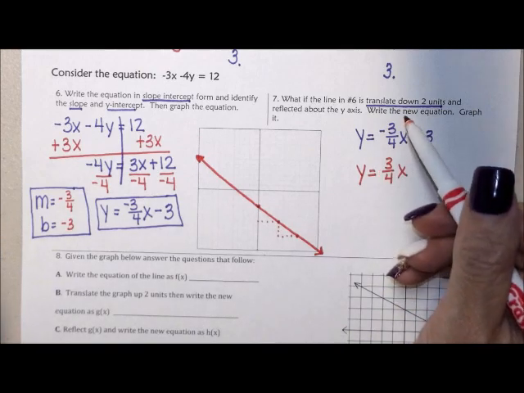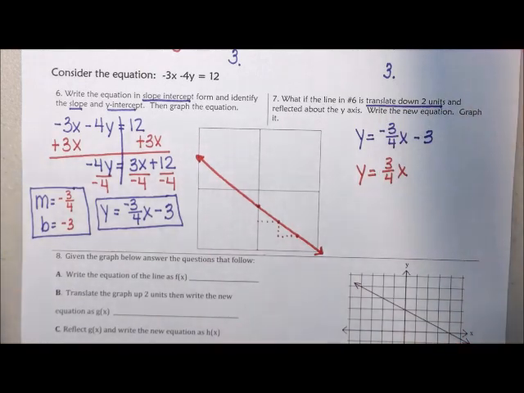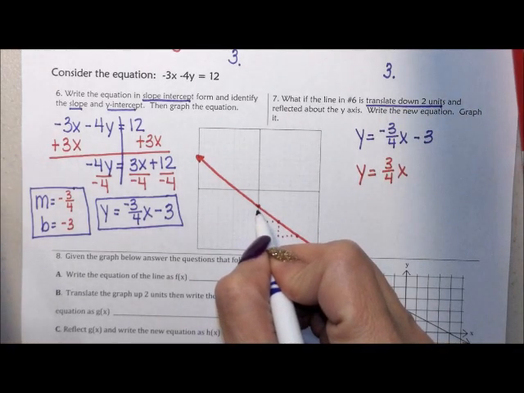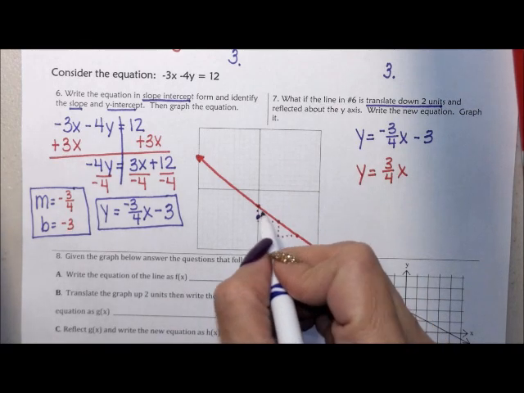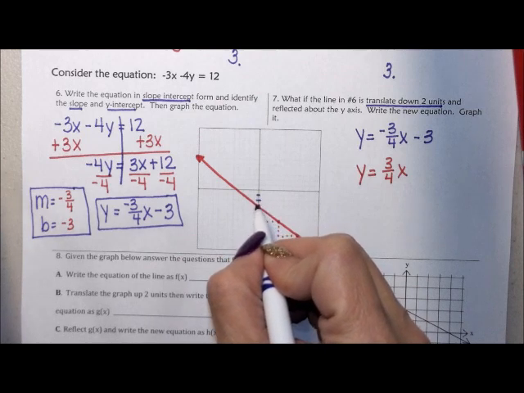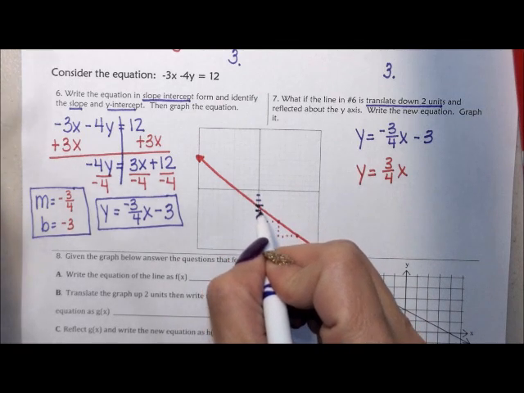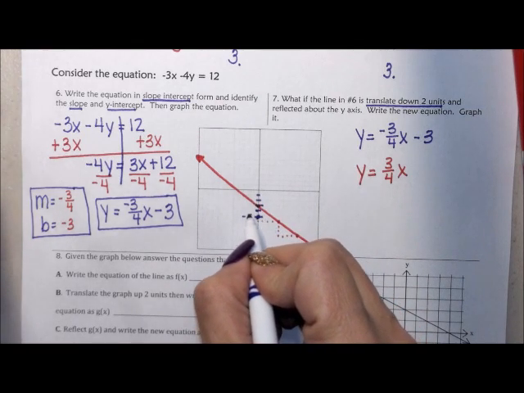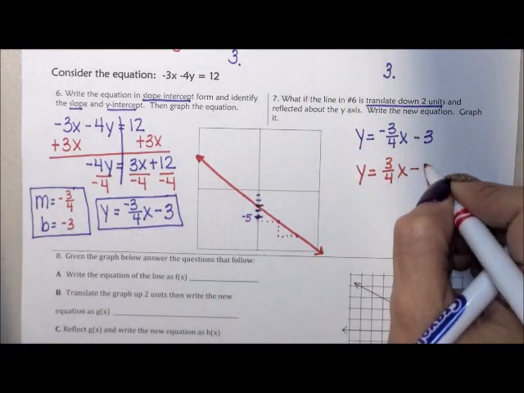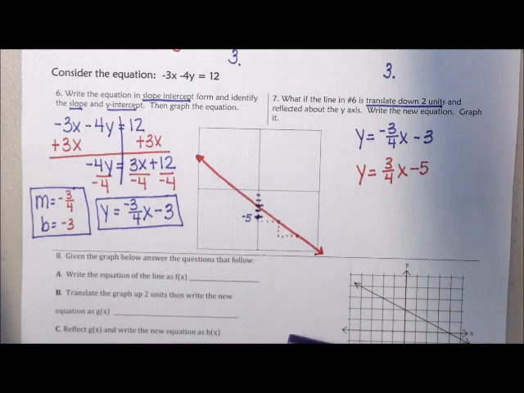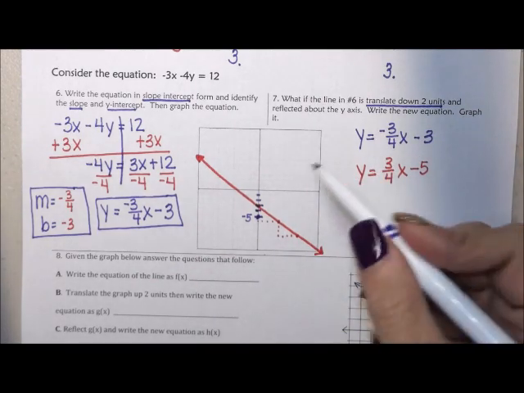But to move it down 2 units, I need to take this and come down 2 more units. So this was 1, 2, 3. Where am I at now? 4, 5. Yeah, I'm down here at -5. So I would say 3/4x minus 5. There's my new equation.